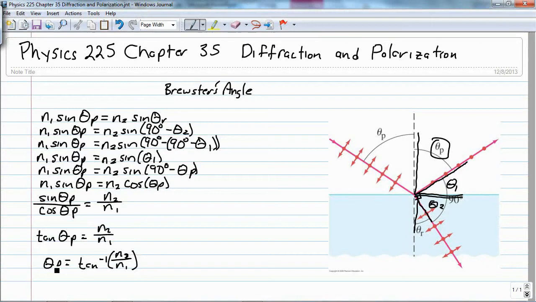And so now we can find the angle theta p that we need to get this right angle at this boundary between the reflected and refracted. Get that to be 90 degrees, and we know that our reflected light will be polarized.